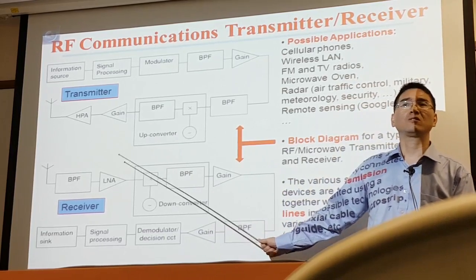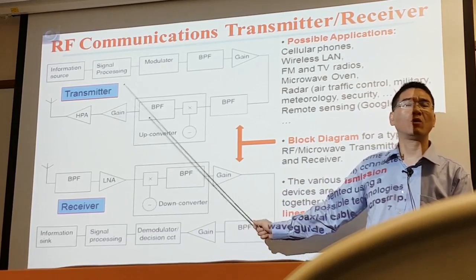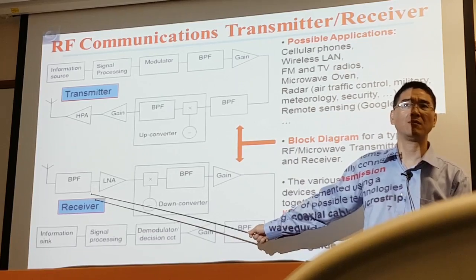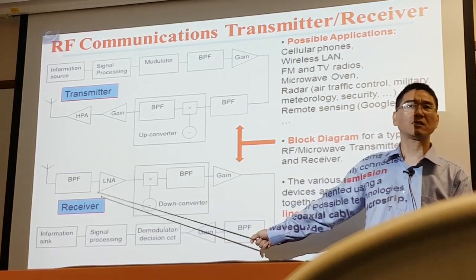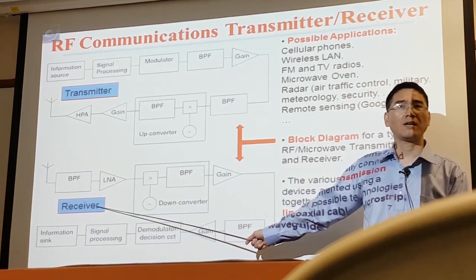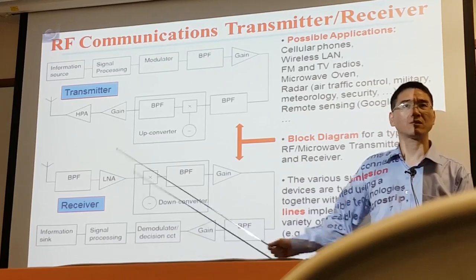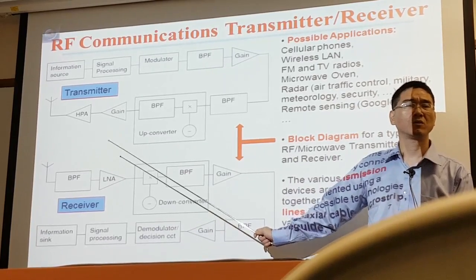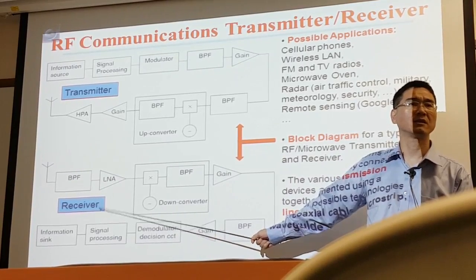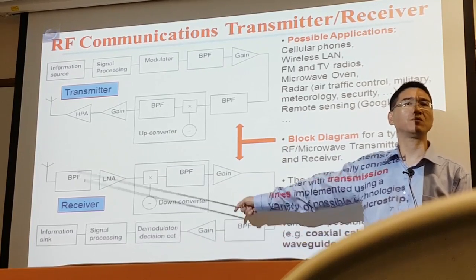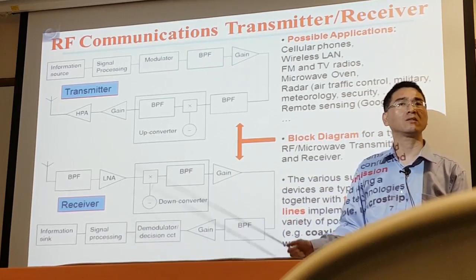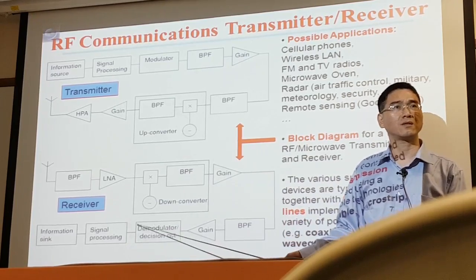So in this module we will also explain why for the receiver the first stage should have a low noise amplifier, and what specification we should expect for this low noise amplifier at the first stage, to improve the whole receiver sensitivity.